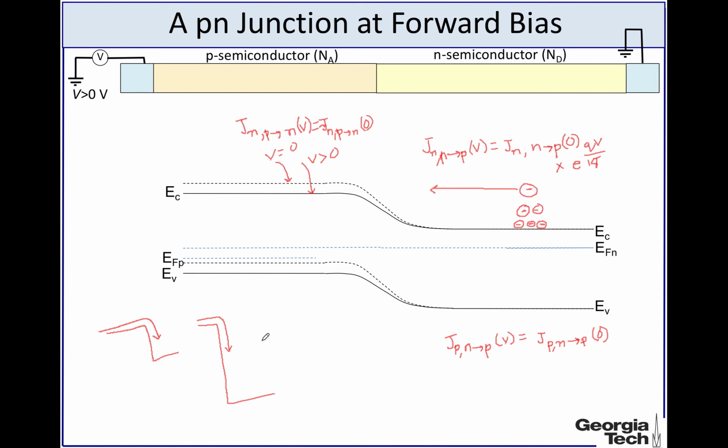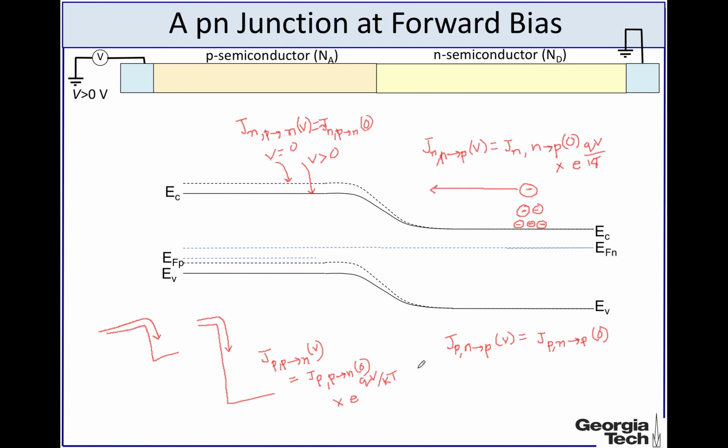On the other hand, the current due to the holes moving from the p side to the n side at a voltage V is equal to the same current at V equals 0 multiplied by e to the qV by kT.